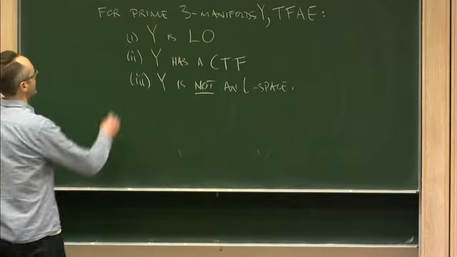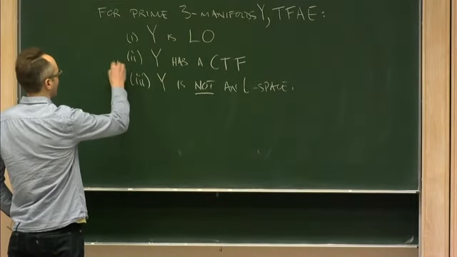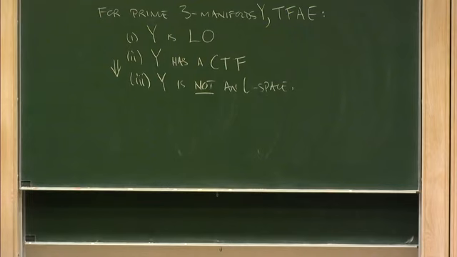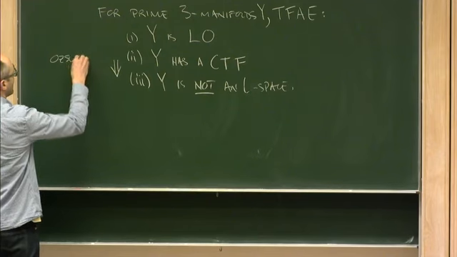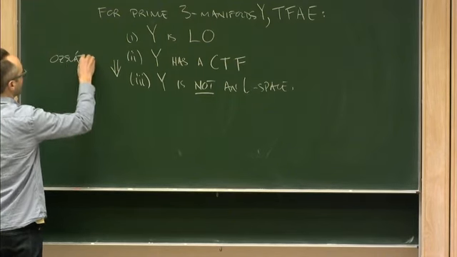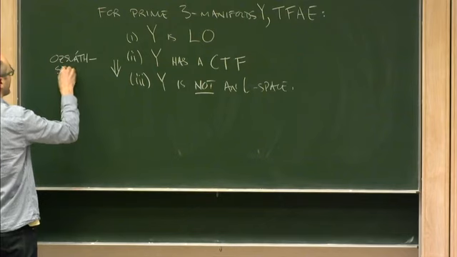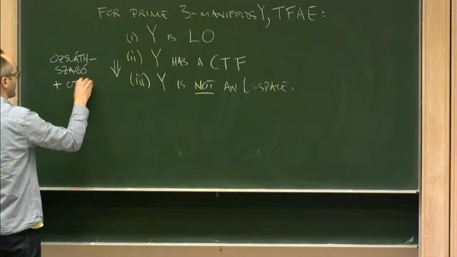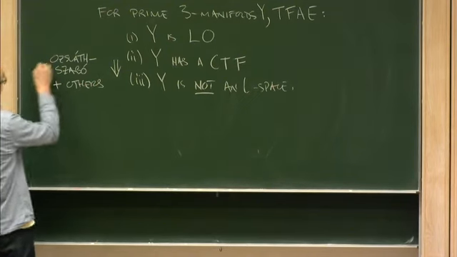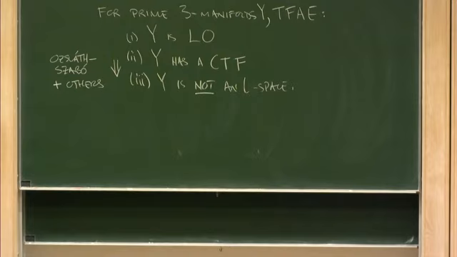As we know, it's known that 2 implies 3, and that's Ozsváth and Szabó plus others, as Rachel's been describing.